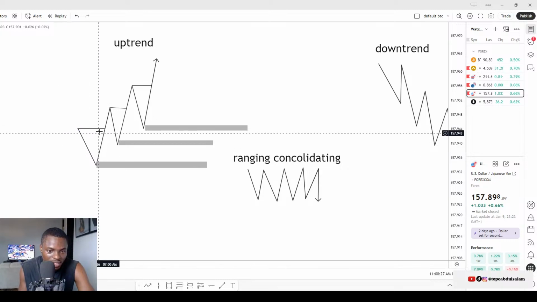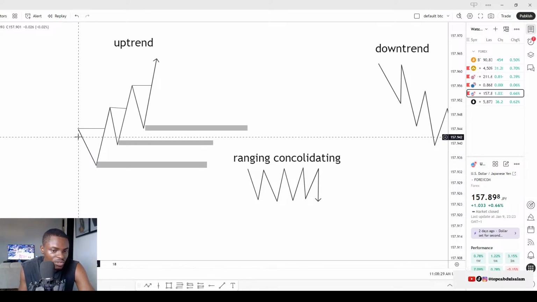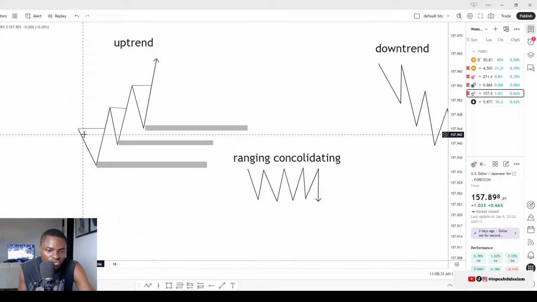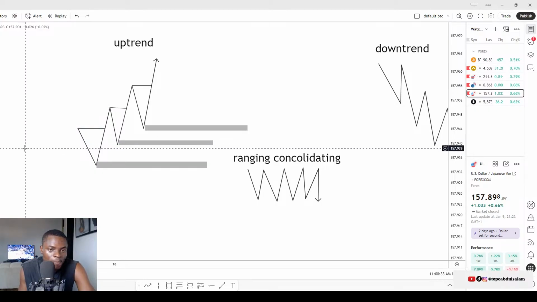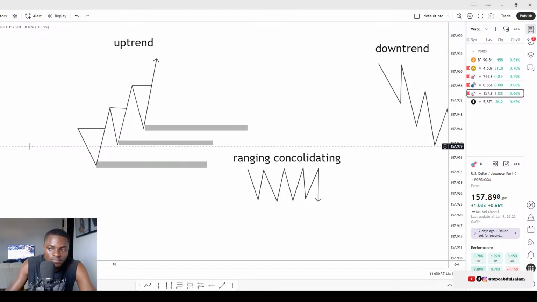So you always mark it out. This is the point of interest, and this is responsible for breaking structure. Do you understand?